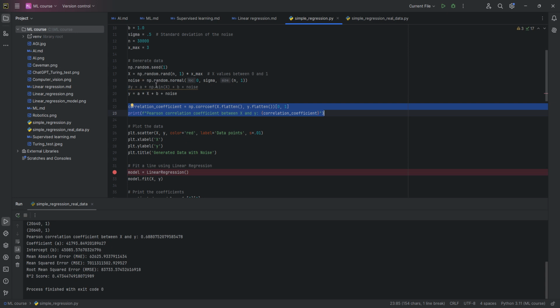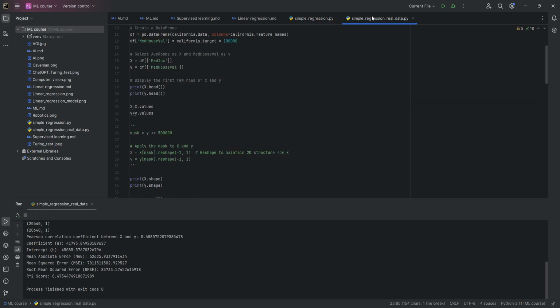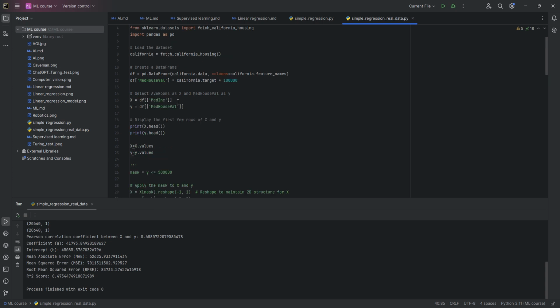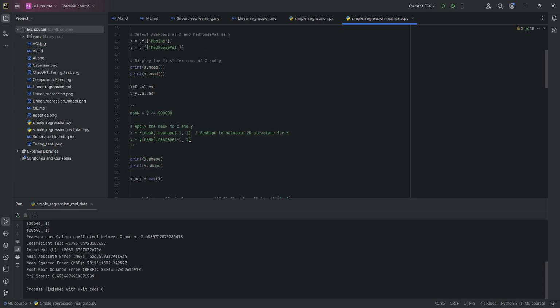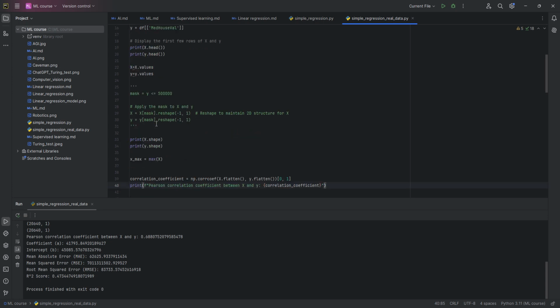So here we build the x and y. Before, x was uniformly generated between two values, and then y was created based on this function. Here, the x and y are given to us based on this data set. So that's how we build the x and y. The rest of the code is the same.